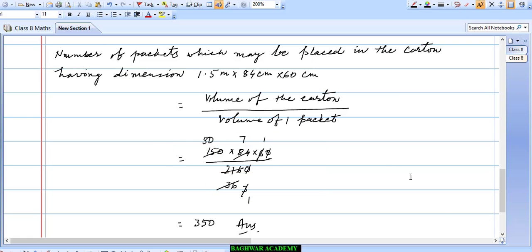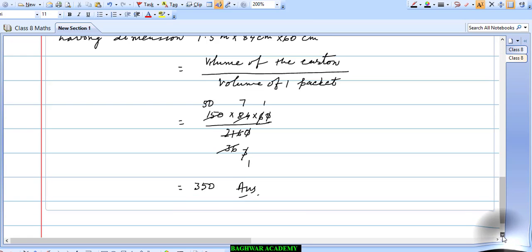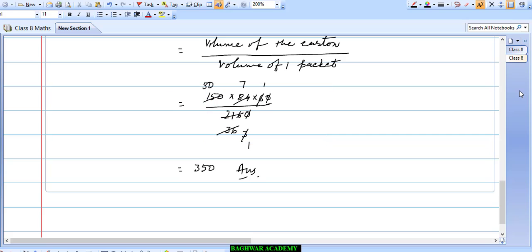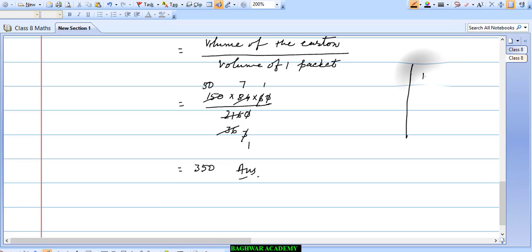Volume of the carton will again be length into breadth into height. We had 1.5 meter. It is very important to remember that if a dimension is given in meter, it is required to be converted into centimeter. So 1.5 into 100: multiply 15 by 100 without the decimal, it will be 1500.